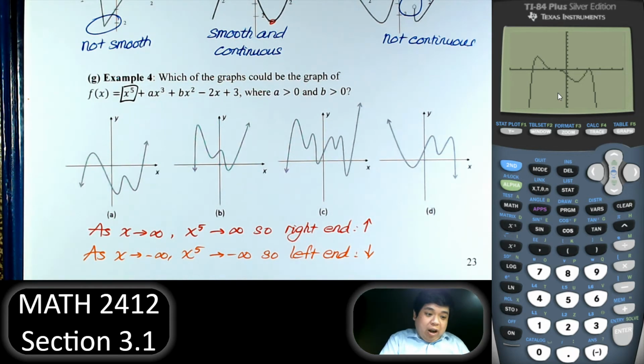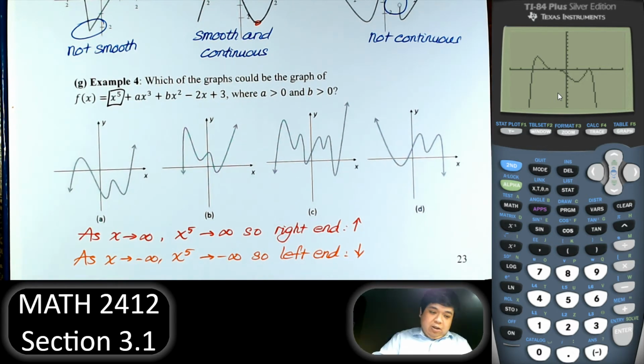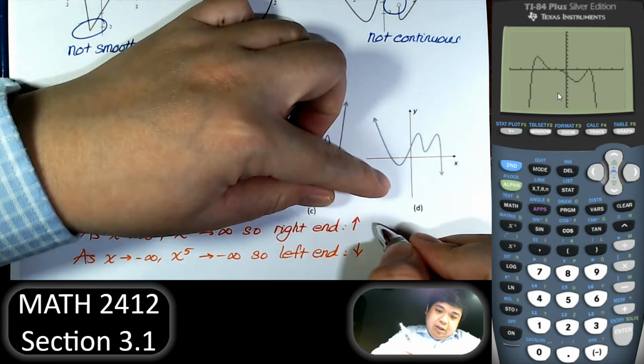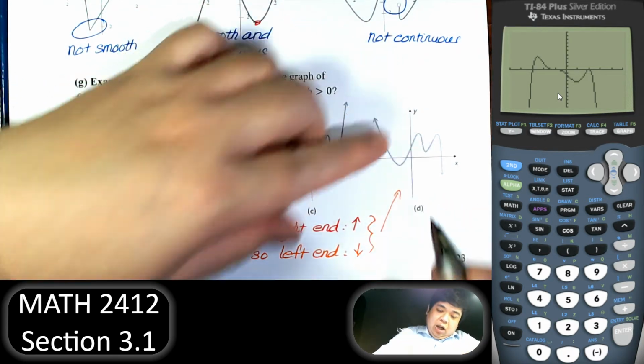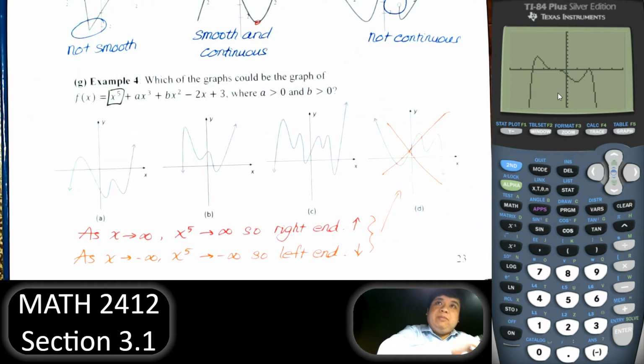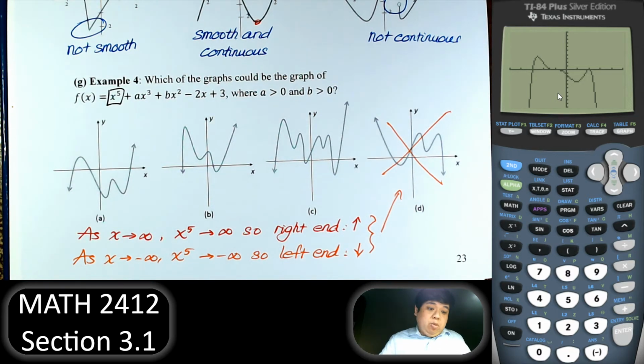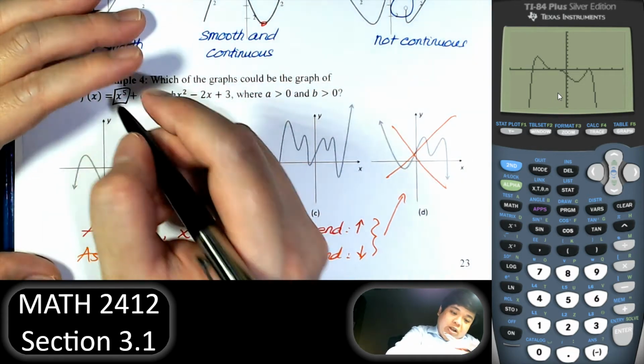Right, so we need the graph where the left side goes down and the right side goes up. So it cannot be this one, because of this behavior, the right side is up, the left side is down. Right, what else can we have? Number of turning points. So degree is 5.